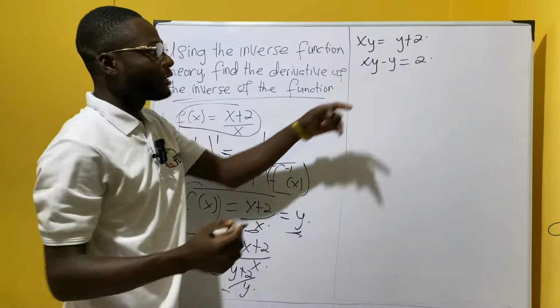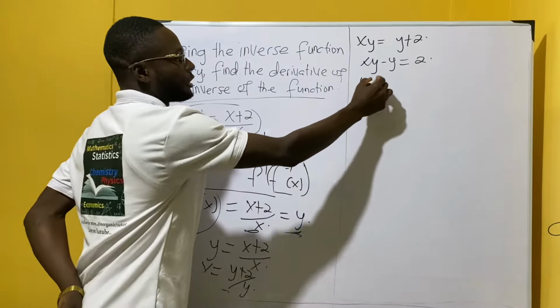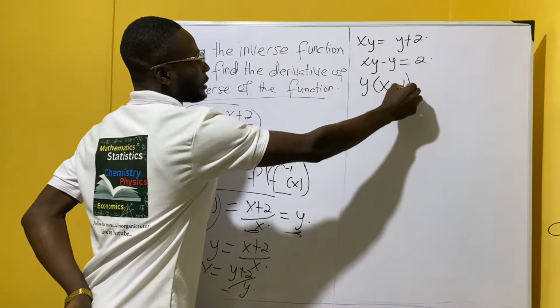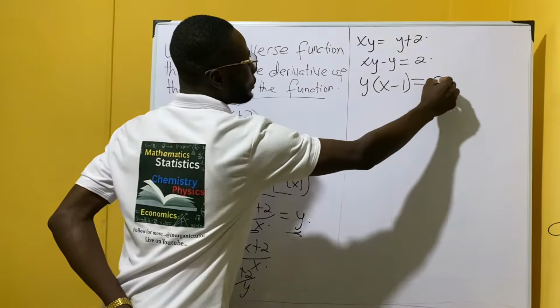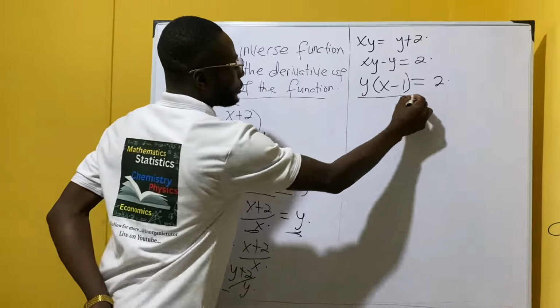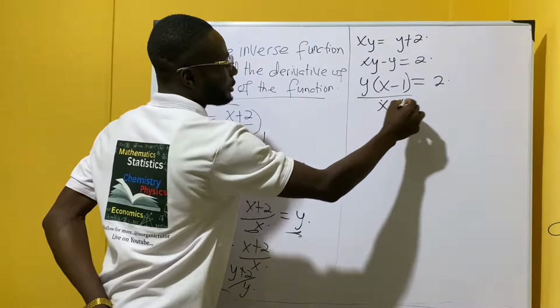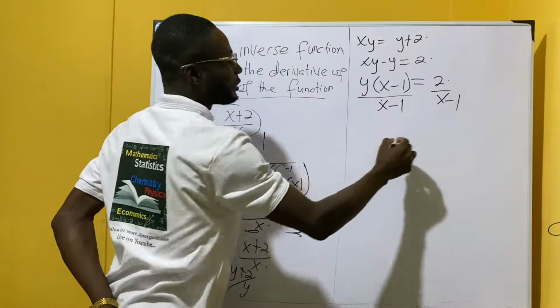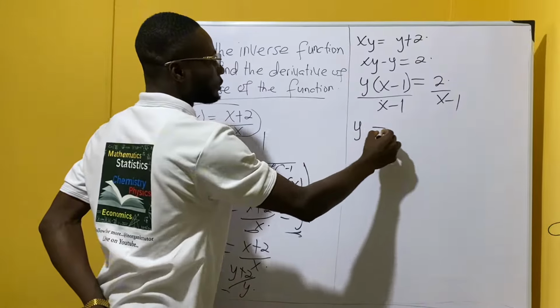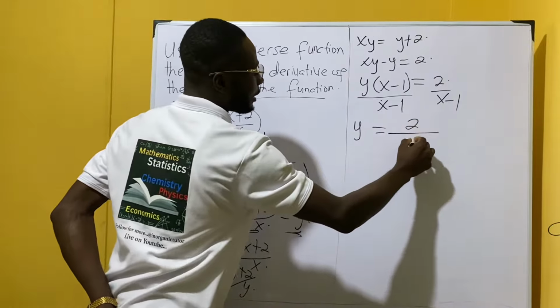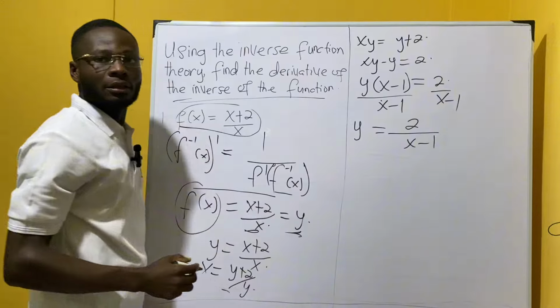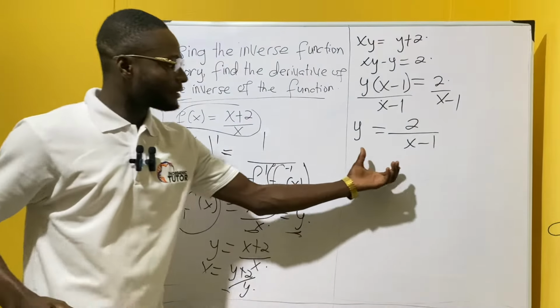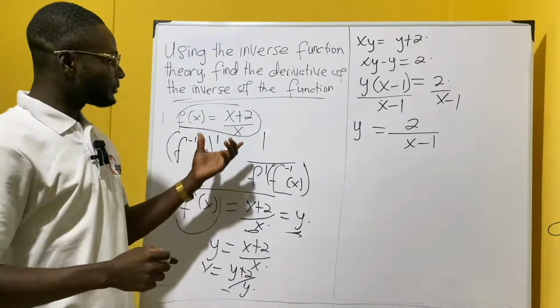To get y, we take y out: y times x minus 1 equals 2. Then divide by x minus 1, so we have y equals 2 over x minus 1. This becomes the inverse of this particular function.